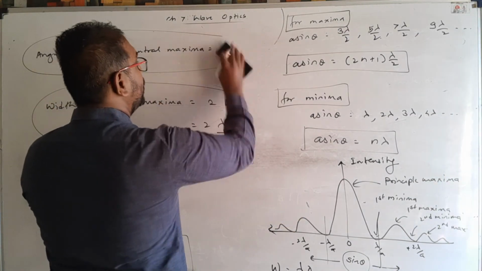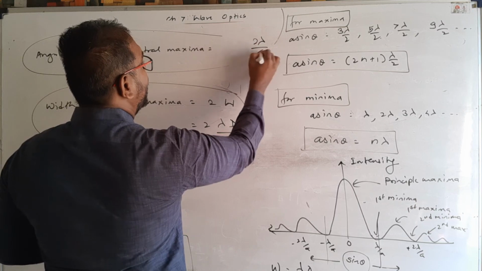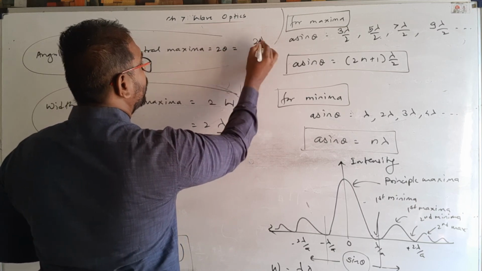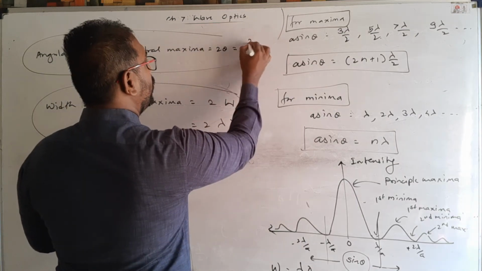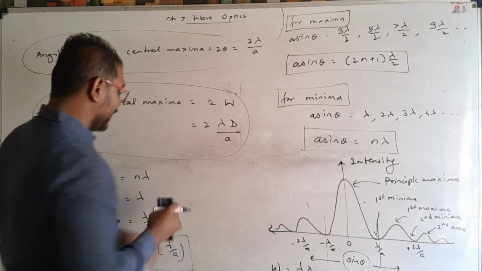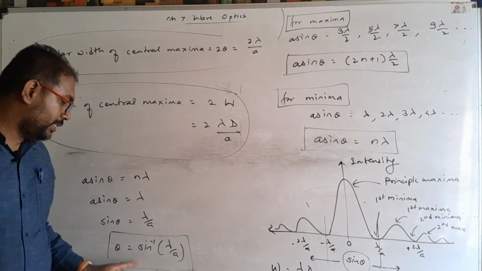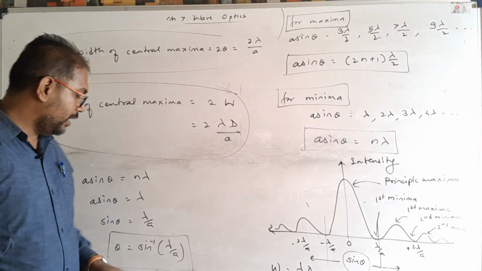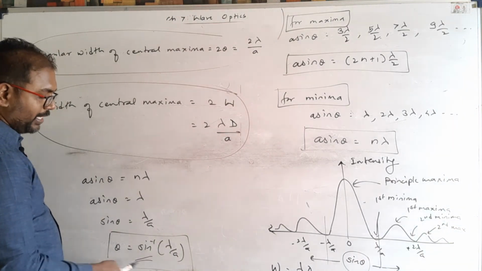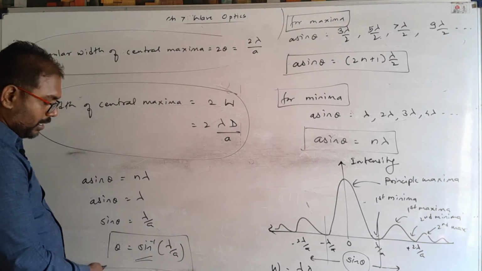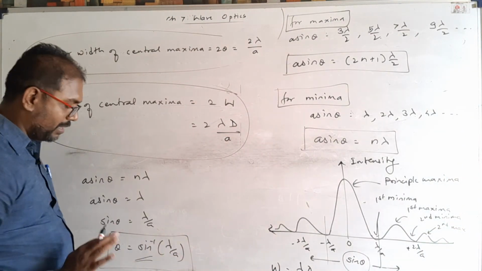So I can write 2 theta, and theta is what? Sine inverse of lambda by a. Then 2 sine inverse lambda by a. But this theta is very small, so instead of sine inverse, I can write only lambda by a.